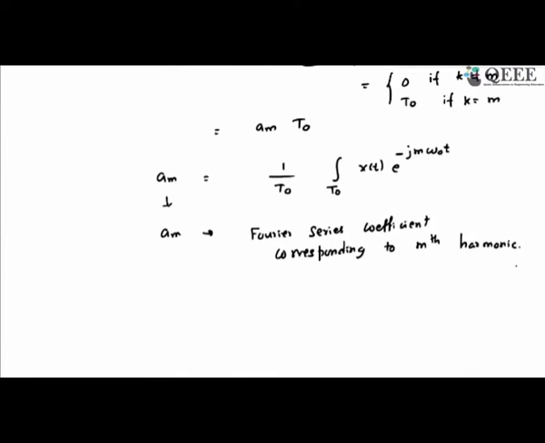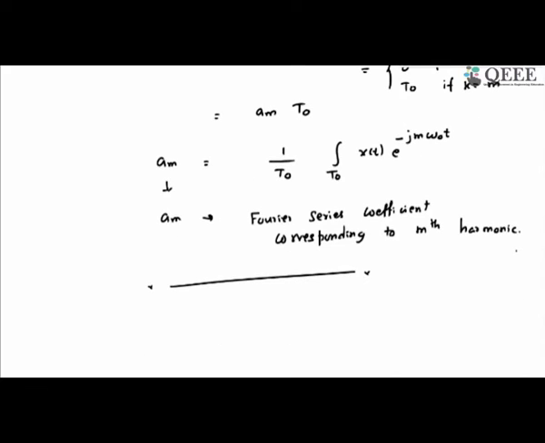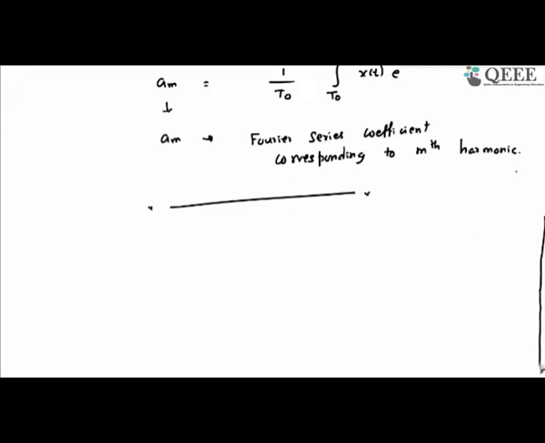Today I will take one example and illustrate how the Fourier series can be computed for that particular case, and I will also show you some results from MATLAB on how the Fourier series is actually converging.